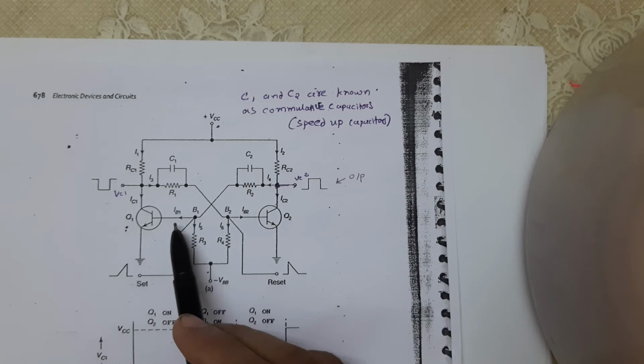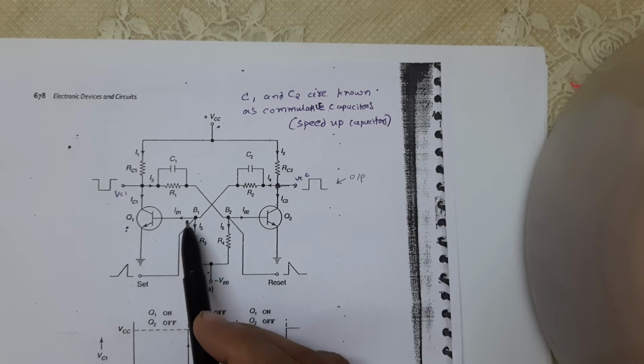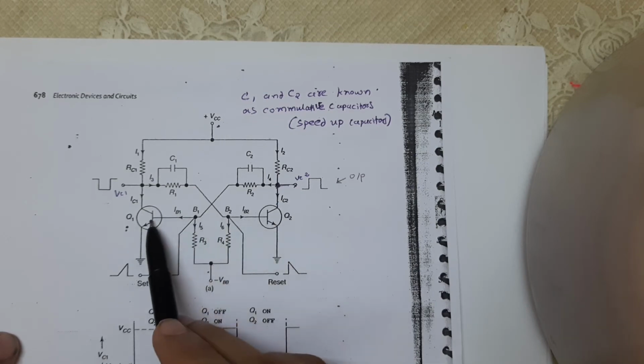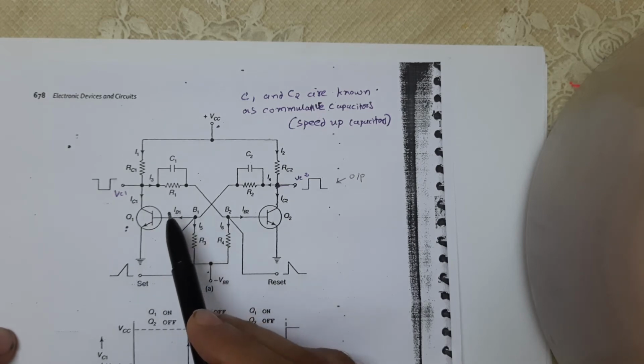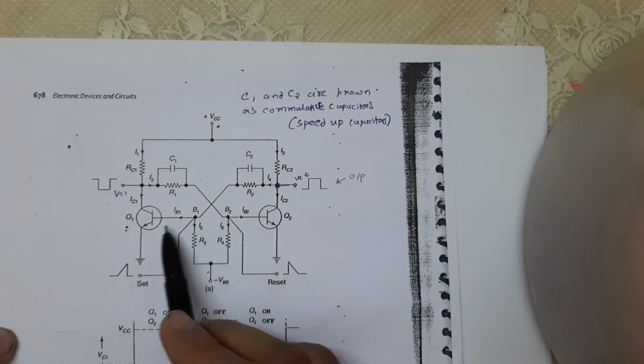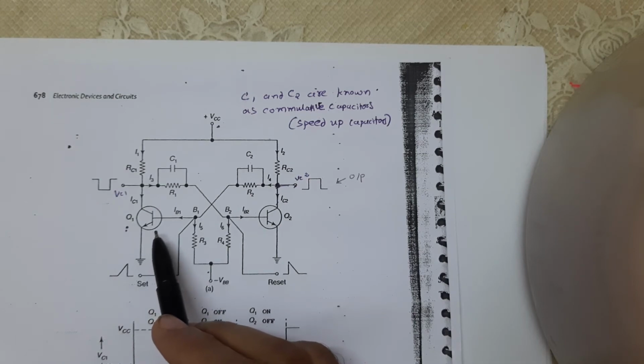The circuit is then in its second stable state and remains so till a positive trigger pulse is applied to the circuit, right? So here this is on, this is off. This is our second stable state. Now, to come back to the original position, we have to apply the set signal, that means an externally applied pulse to the base of the transistor Q1.